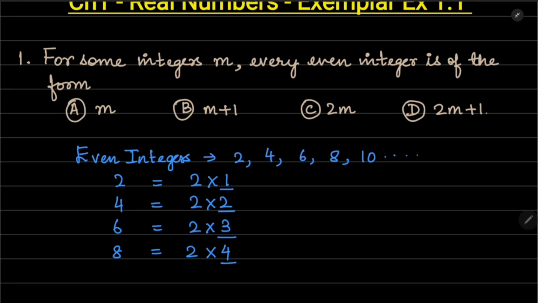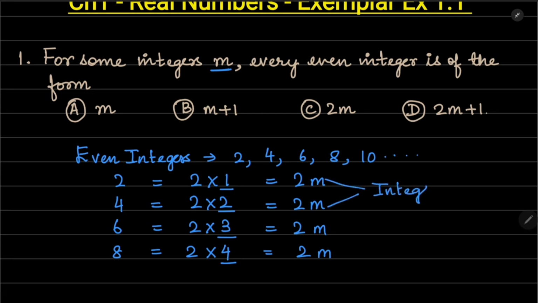These are integers, natural numbers. I can replace 1, 2, 3 with m. So it's 2m where m is 1, again 2m where m is 2, where m is 3, and 2m where m is 4, where m refers to an integer.